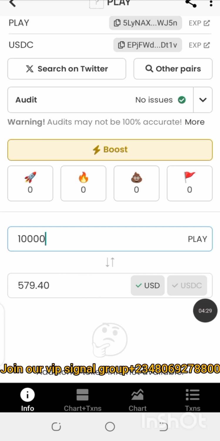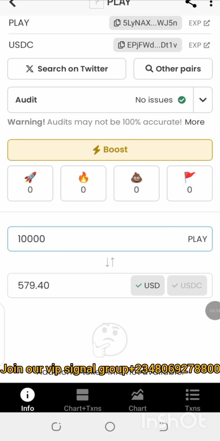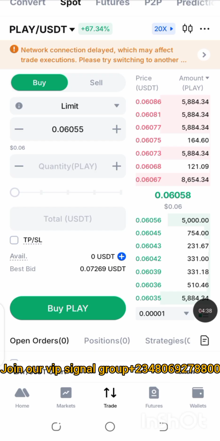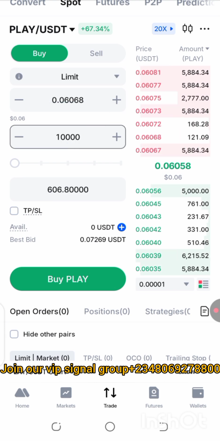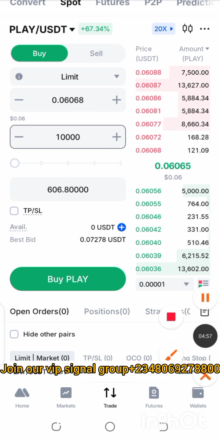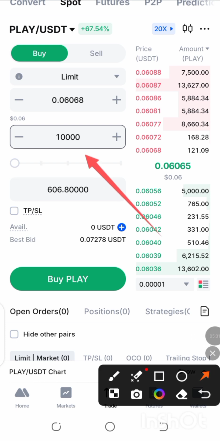Now if you copy this 10,000, then go to MEXC. When you have copied that quantity, come over to this place and paste the quantity, or you can type it. You can see now I have pasted the quantity, which is 10,000. You can actually see the coin is profitable.